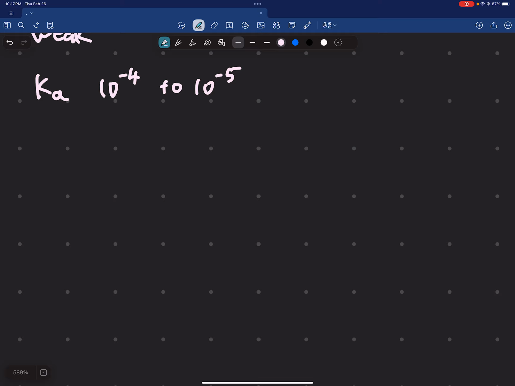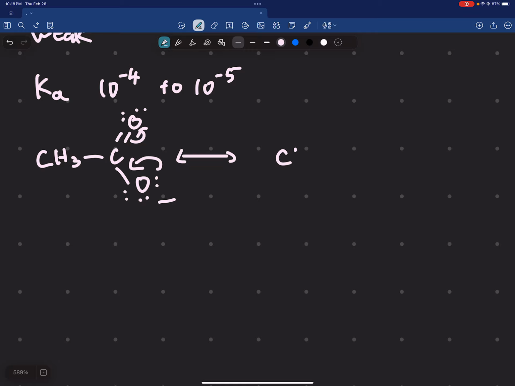So let's go through here. This is the resonance structure of a carboxylic acid. This is just going to be resonance with some of this, like so.